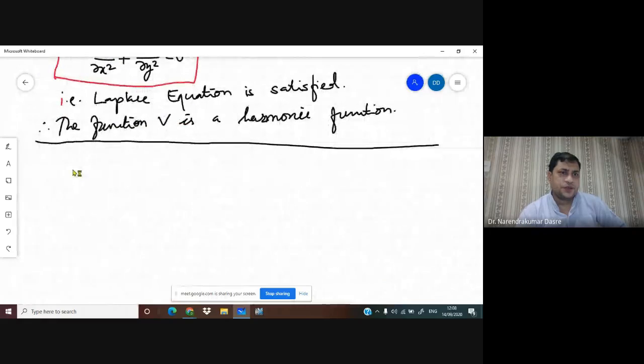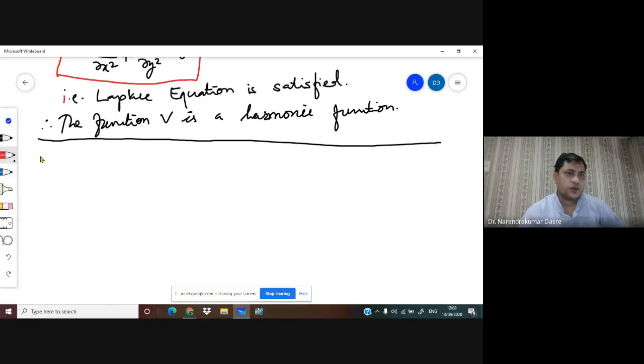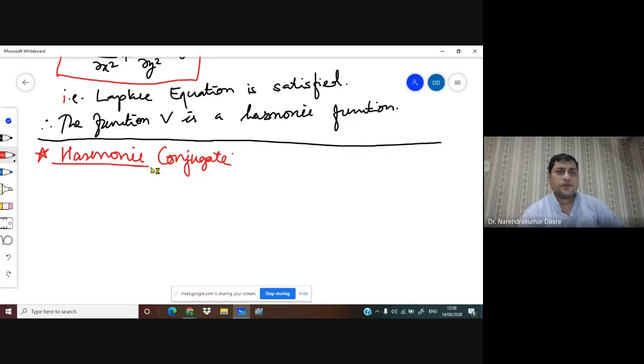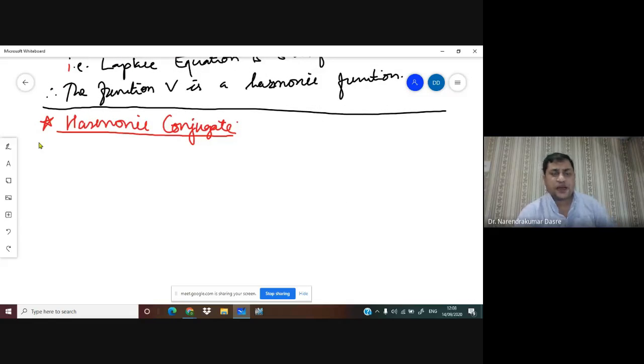So we have to consider the harmonic conjugate. We know that if the function f of z is analytic, then u and v are harmonic conjugates of each other. So the question is, if I know u or v, how am I able to find the harmonic conjugate?